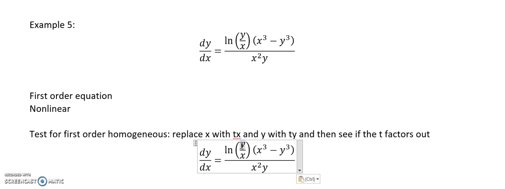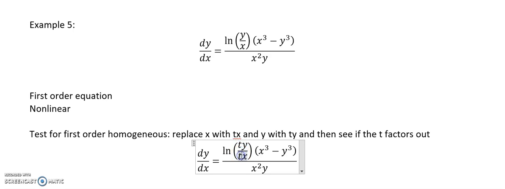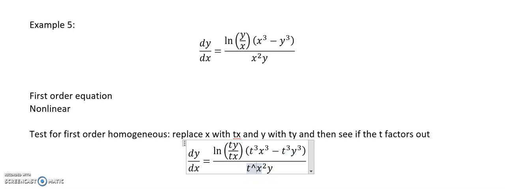So we'd have tx and ty, and so tx cubed would be t cubed, and ty quantity cubed would also give me t cubed, and then this would give me t squared, and then this would give me another t.